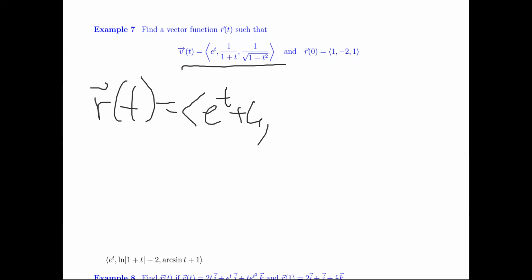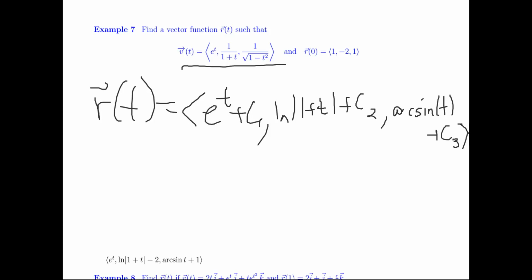And then the integral of 1 over 1 plus t is natural log of 1 plus t plus some C2, some other constant. And then the integral of 1 over the square root of 1 minus t squared. You'll have to think back to some work in Cal 2, but that is arc sine of t plus some C3, some other third constant.